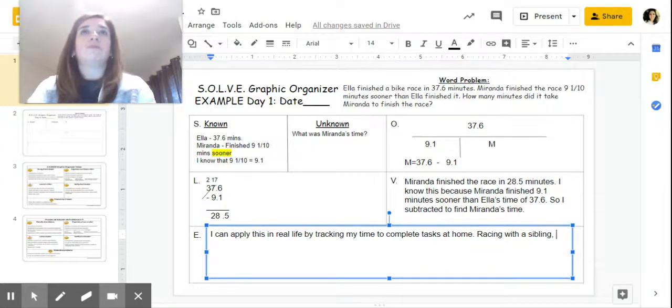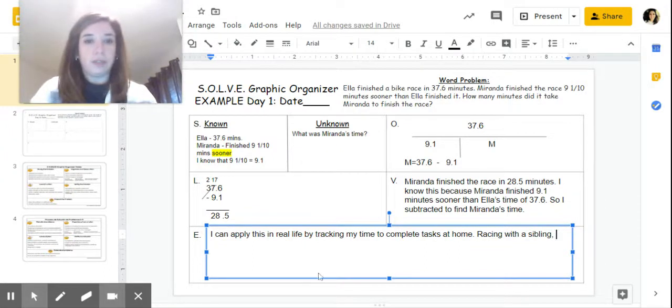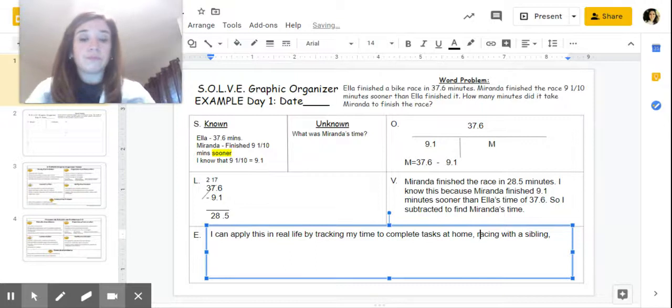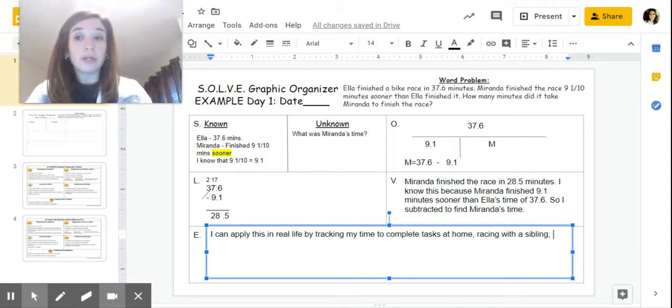What else could we do? Let me actually fix this and just take that out. Racing with a sibling. It could be how long I spend on my schoolwork versus maybe breaks I'm taking. Try not to spend too much time just on the work. Take time for yourself right now with your family, right?